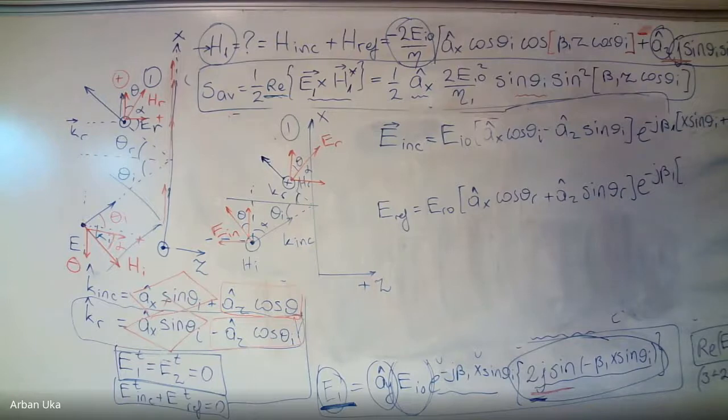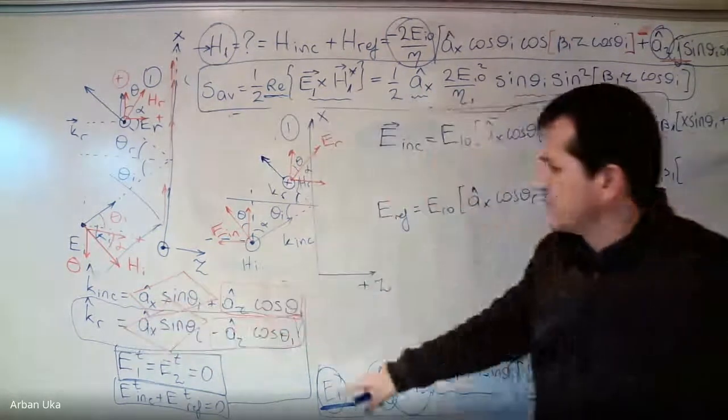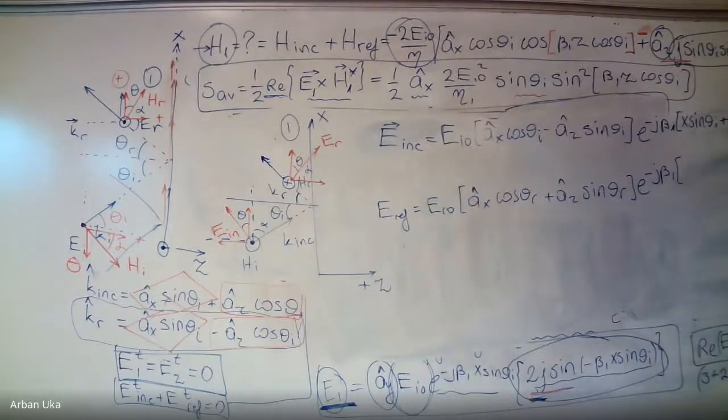Now for this beta 1, for the reflected wave, we read the configuration of this k, which is going to be equal to x sine theta R, I'm sorry, because this is the reflected wave, minus z cosine theta R. Okay, so this is the reflected wave.